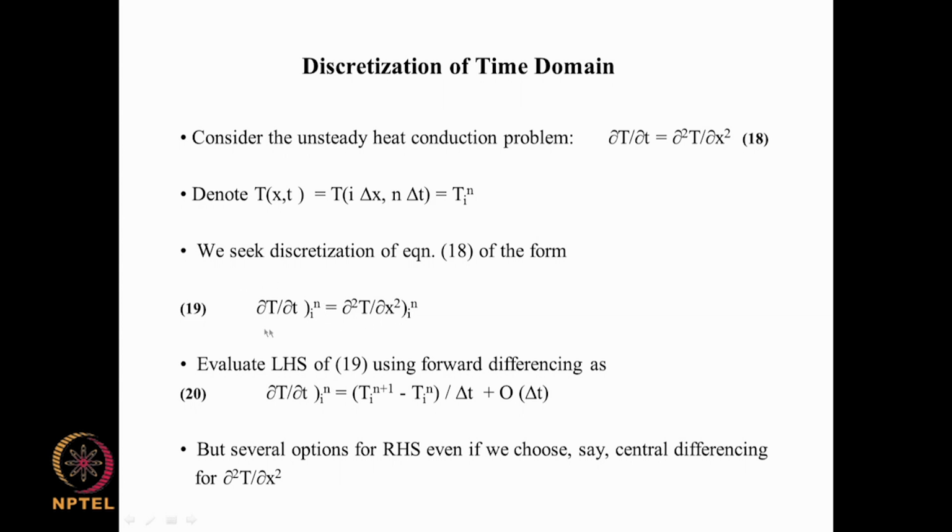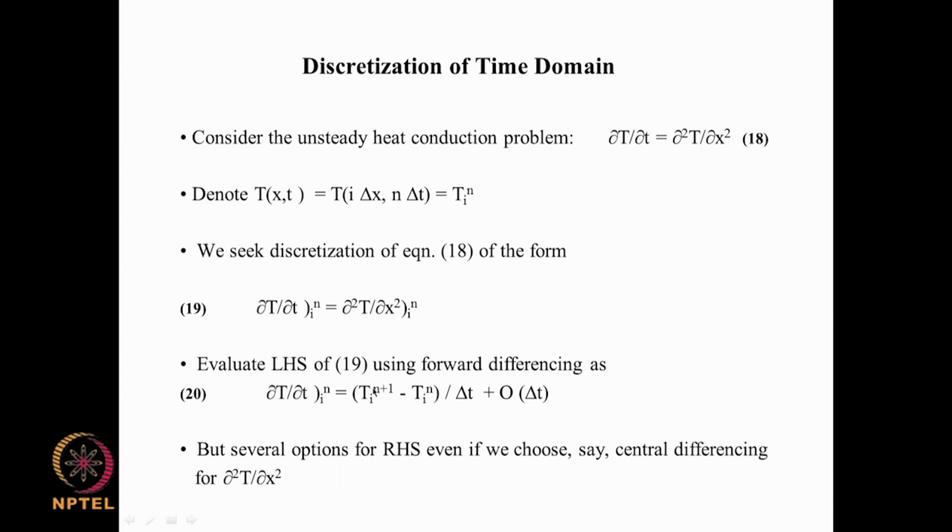If we look at the left hand side, then we can write a simple forward difference like this: T_i^(n+1) minus T_i^n divided by delta t. So the first derivative dou T by dou t at I comma n is given as temperature at I, n plus 1 minus temperature at I, n divided by delta t, because it is a variation with respect to time here.